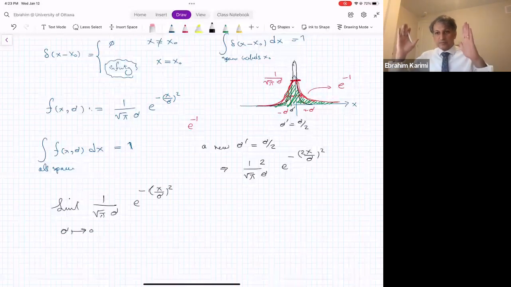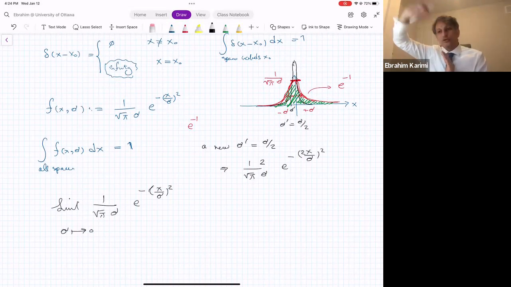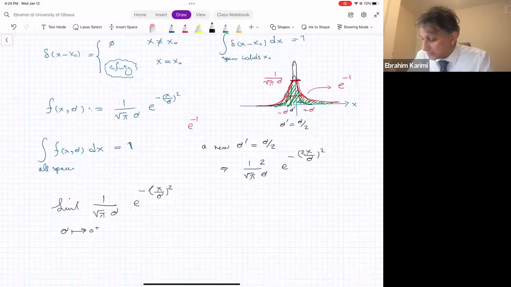When I make sigma extremely small, the surface is still 1, but you will see that at the origin there will be a peak that goes to infinity. Okay, let's be careful, if I place sigma plus, just to be a little careful with the mathematics, that limit is delta of x.